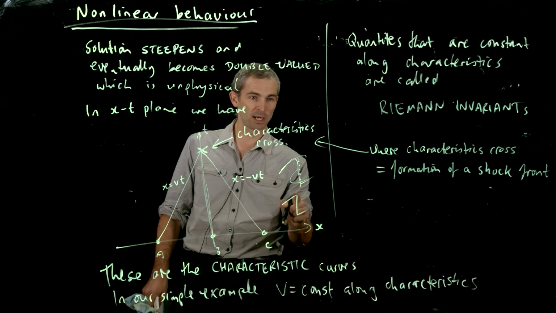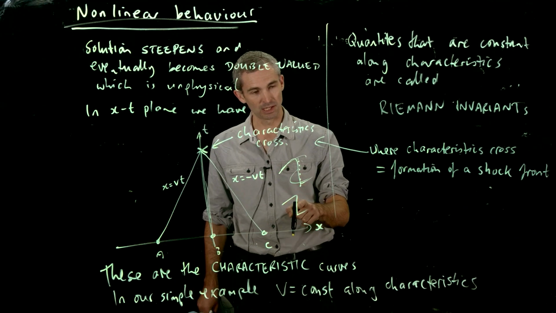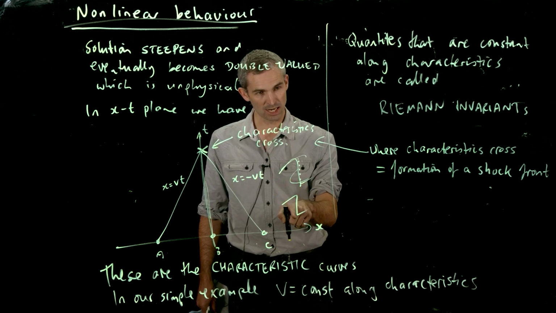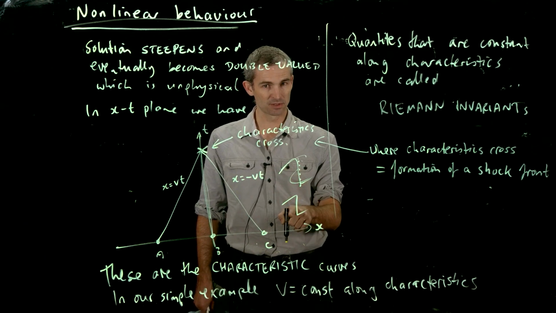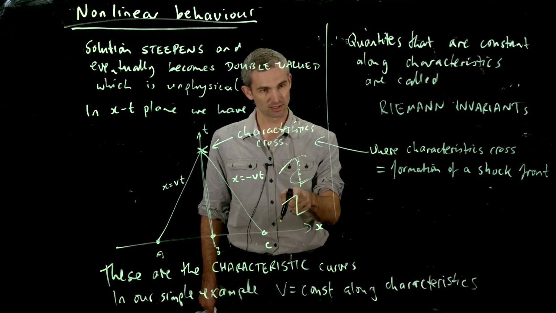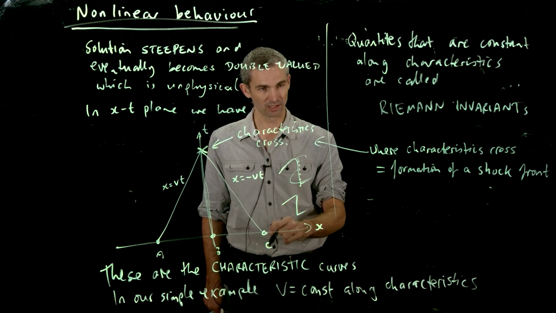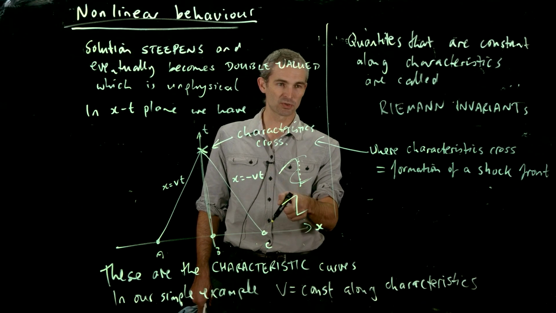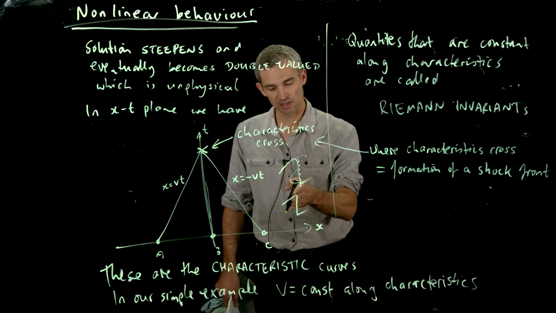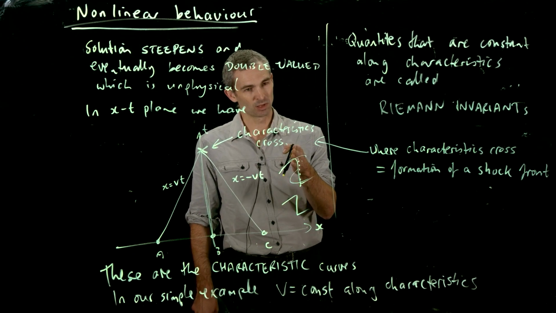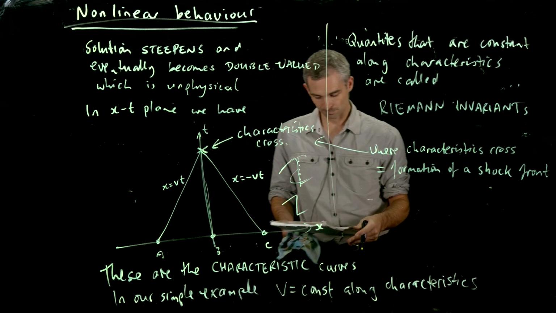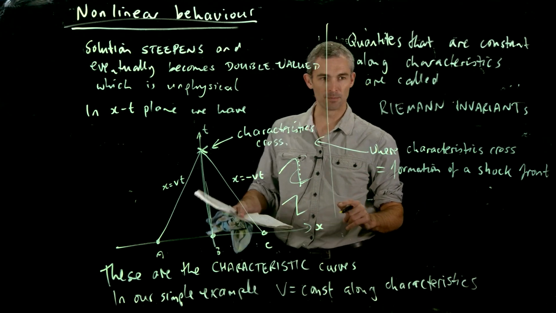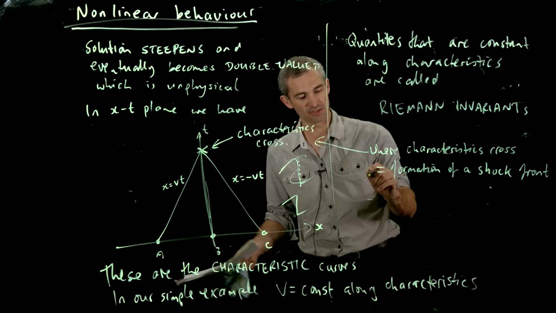Now, we've got a problem, and we're going to see this in a few minutes: when our solution becomes a sharp front like this, our derivatives no longer exist. For example, the gradient of pressure is infinite. The gradient of density is infinite. So something goes wrong with the fact that we've written down our equations as differential equations, because our derivatives no longer exist.